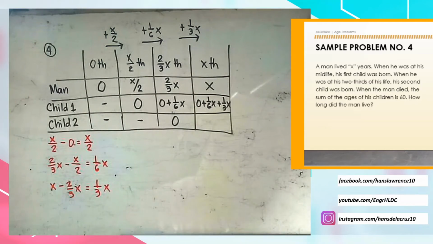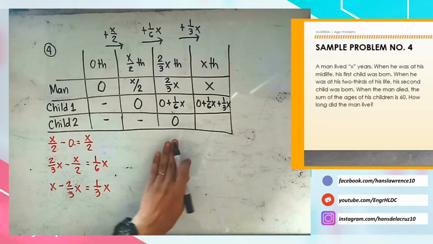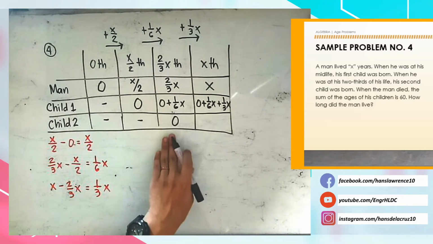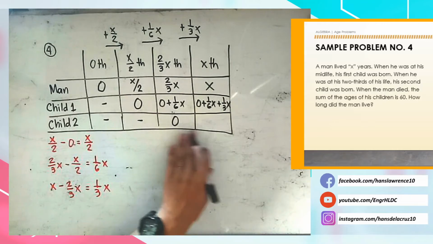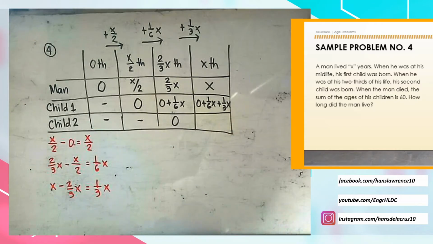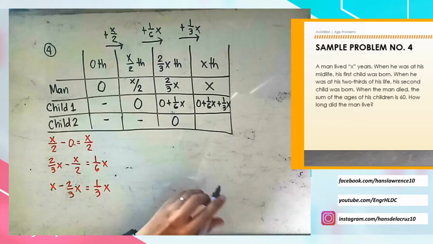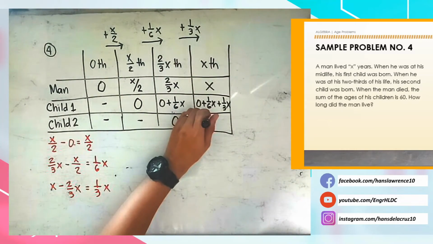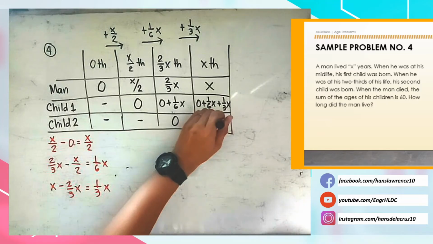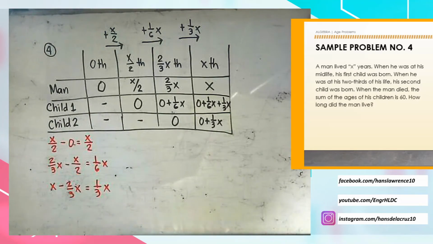And then child 2: if he is 0 here, his age in the last time frame is his age before, 0, plus the years that passed, 1/3 of x. So that is 0 plus 1/3 of x.